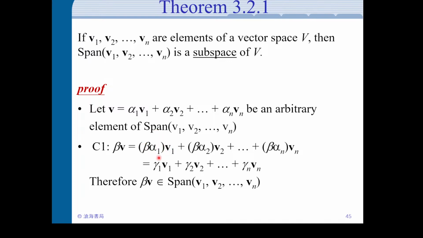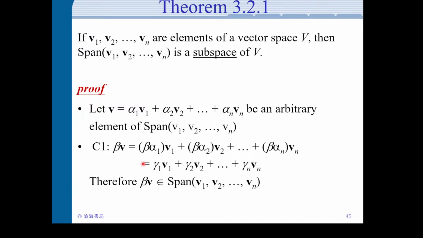But it's beta times alpha 1, beta times alpha 2, beta times alpha n. Those are still scalars, and we call them gamma 1, gamma 2 to gamma n, but all those are scalars, so this satisfies the form of a linear combination of V1 to Vn, and yeah, so this is inside the span of V1 to Vn, so we see that beta times V is inside the span.